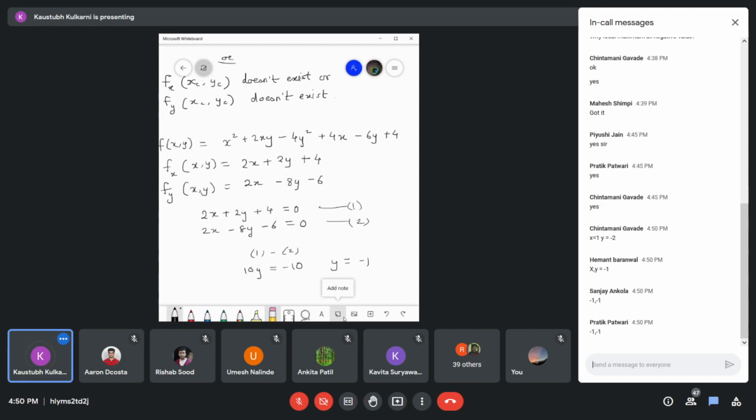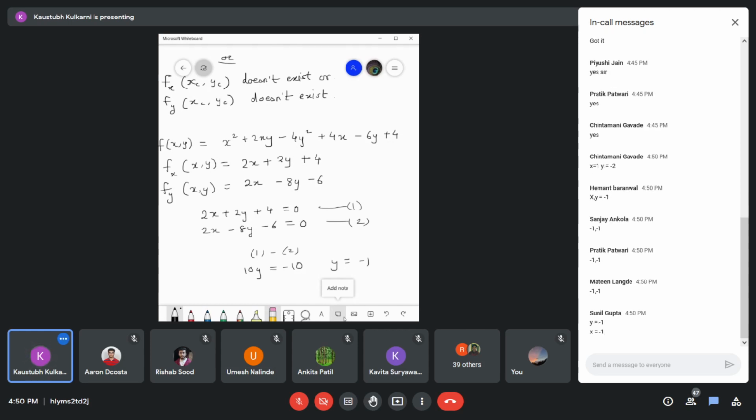If you substitute it back in one of the equations, let's say 2x plus 2 into minus 1 minus 2, so 2x plus 2 is 0. So x is also equal to minus 1.